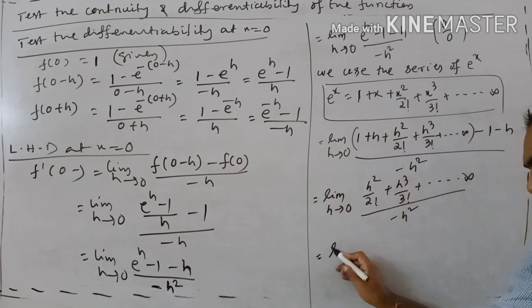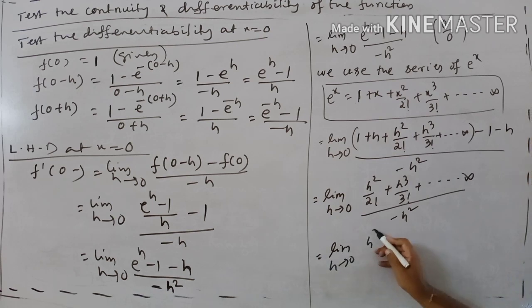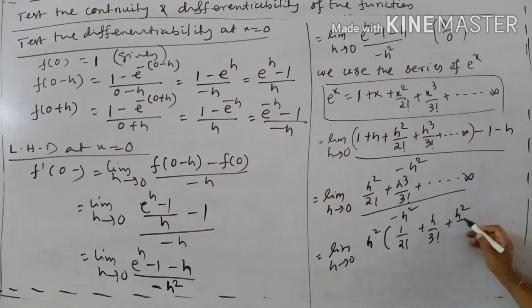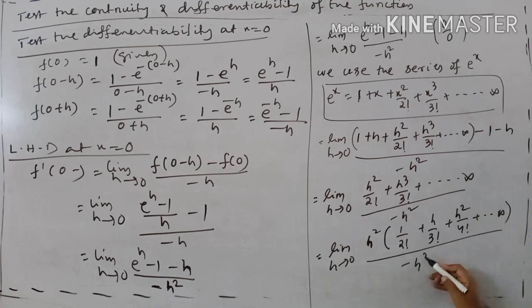So this is equal to limit h tends to 0. h square is common from the numerator: 1 by 2 factorial plus h by 3 factorial plus h square by 4 factorial up to infinity divided by minus h square. So h square cancels with h square.